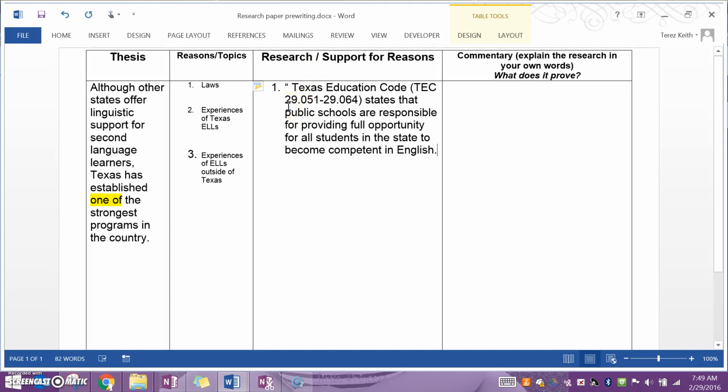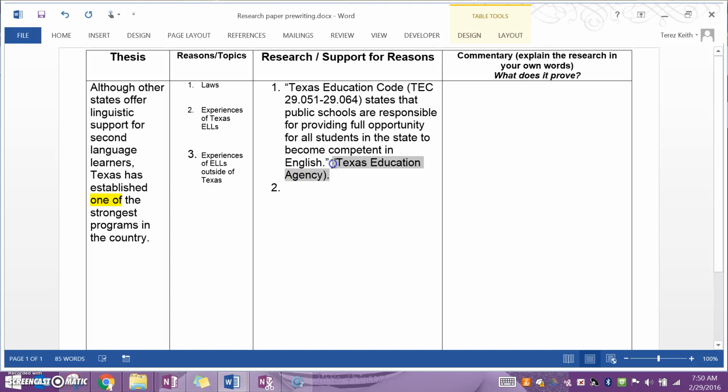Now I'm going to add a quote, and notice I'm putting these in quotes. Secondly, I need to put in brackets the author's name that provided this quote. In my case, it's not an author, it wasn't an article, it was actual law. So I'm going to put where that law came from, and that's from the Texas Education Agency.